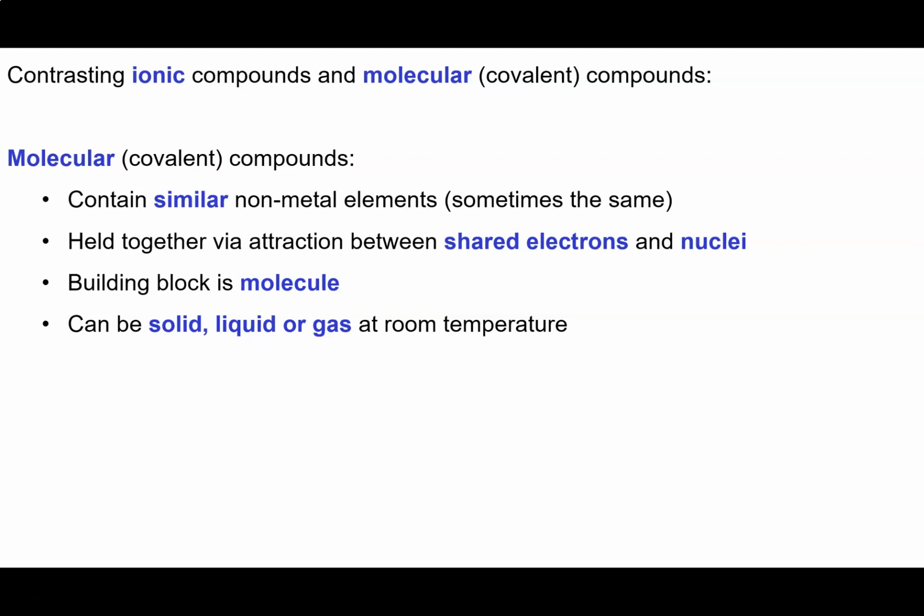So the building block of molecular compounds is the molecule, which is a fairly small, not infinite, discrete little bundle of atoms. And the bonding between molecules, well, there are no bonds between molecules. There are sort of some weak attractions sometimes. So as a result, molecular or covalent compounds can be either solid, liquid, or gases at room temperature.